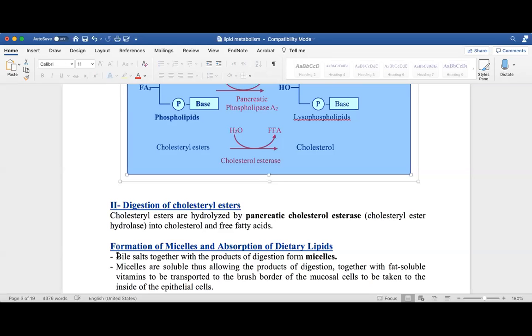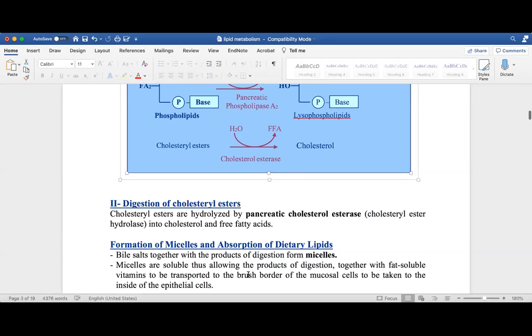If we add bile salts to the products of digestion of lipids, the lipids will be emulsified, and then translocated from the lumen of the intestine to the wall of the intestine, which contains the cells of the small intestine.